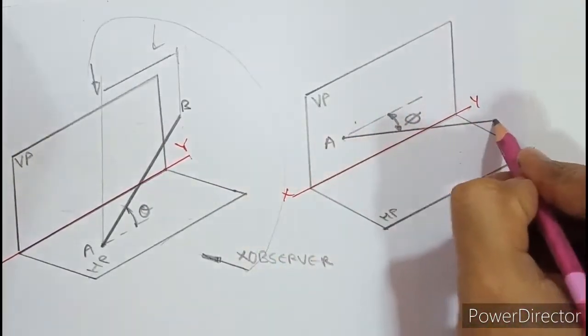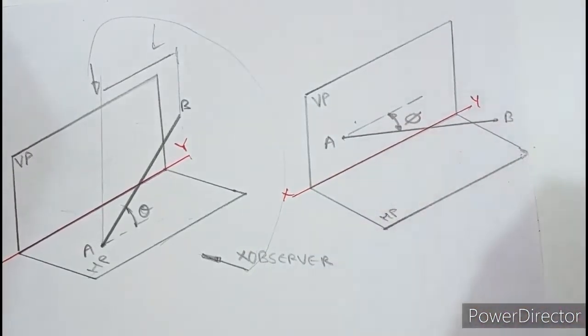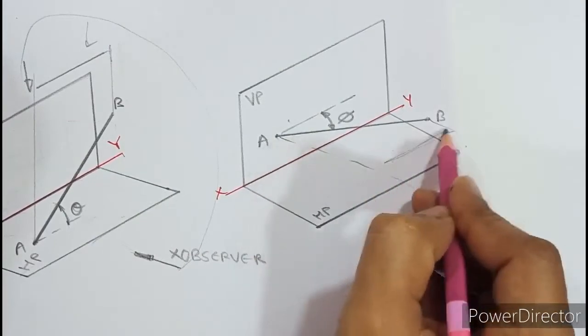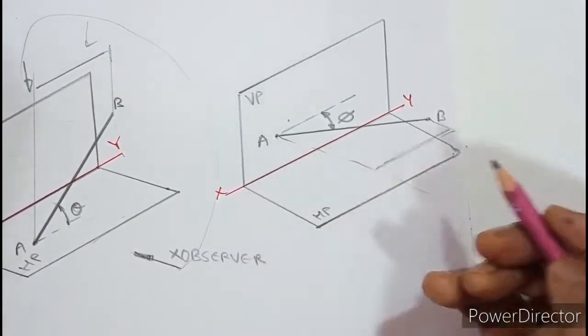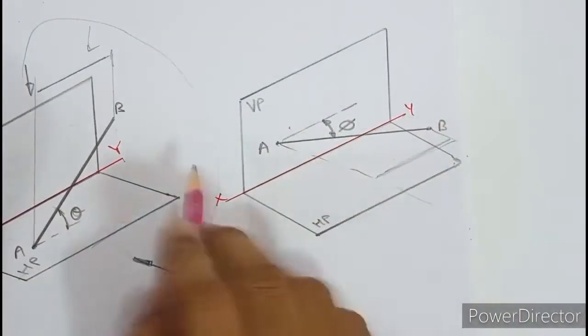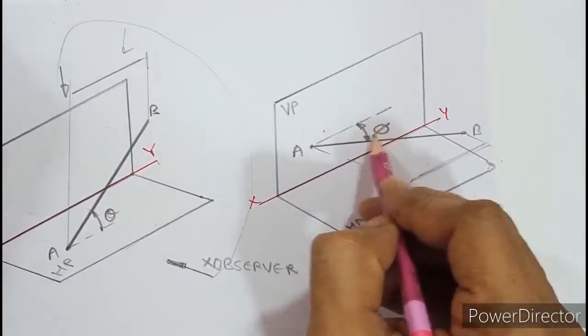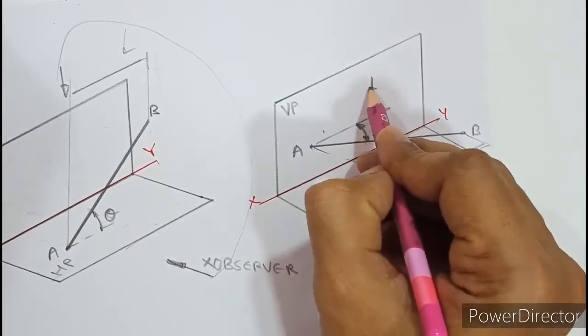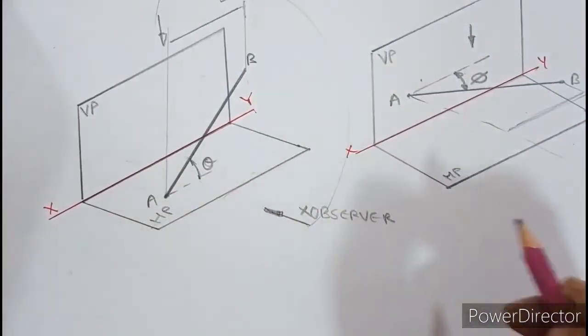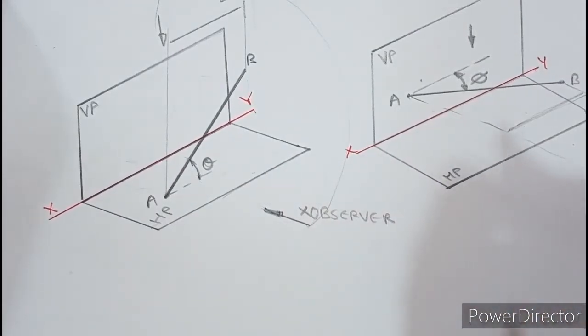This line is AB, for example. When you focus in the front, you can just see an apparent length of the line. You cannot see the true length, neither can you see the angle phi. So you need to understand these two concepts: whenever a line is inclined with VP, it can be seen from the top view, and when a line is inclined with HP, it can be seen from the front view. These two basic concepts you need to learn.